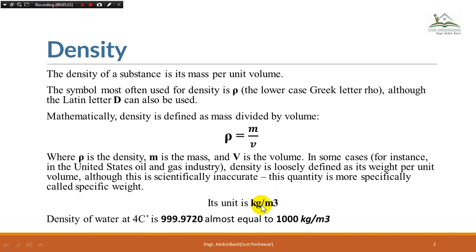The unit that is used is kg per meter cube. Kg is for mass, and meter cube is m superscript 3.